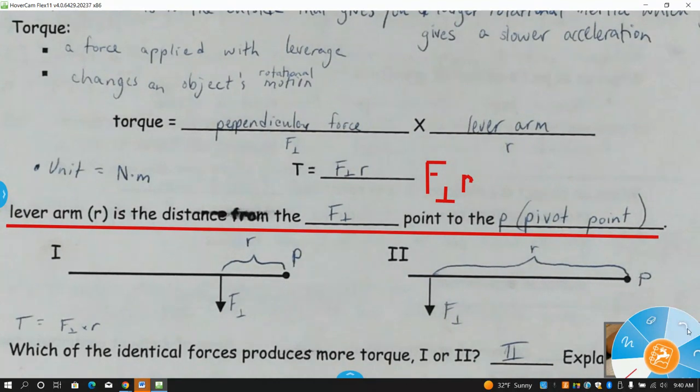And we're going to represent the pivot point by a small black dot on our bar.